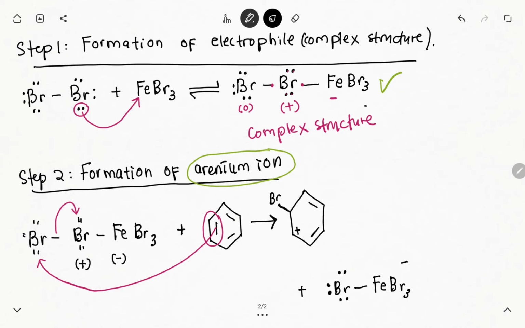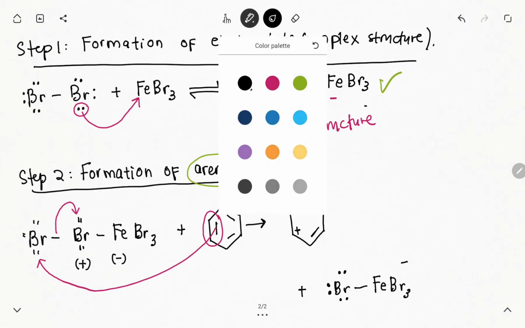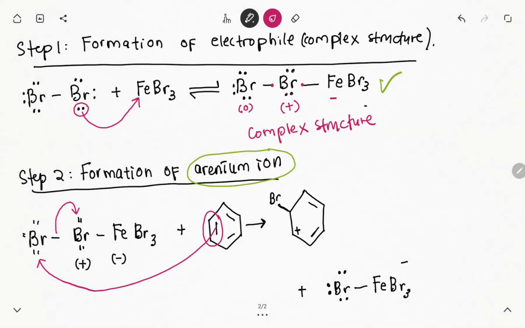According to the formation of this intermediate product, we must show the resonance structure. This is why we label it as an arenium ion. The resonance process is based on the alternation of electrons.